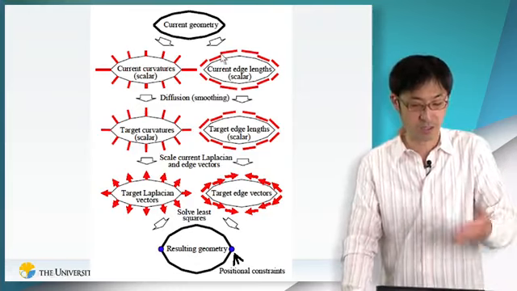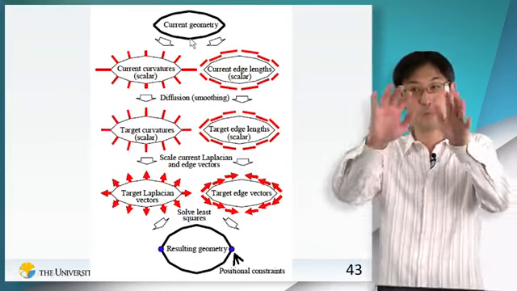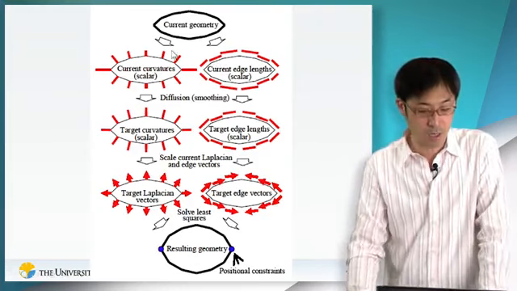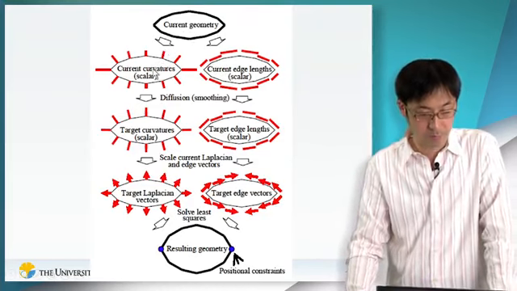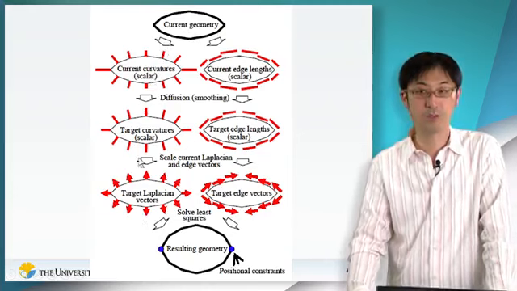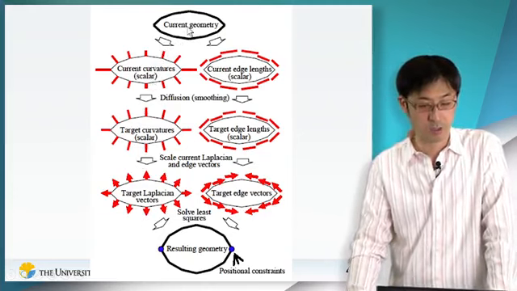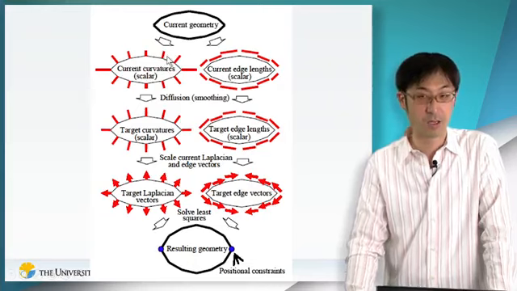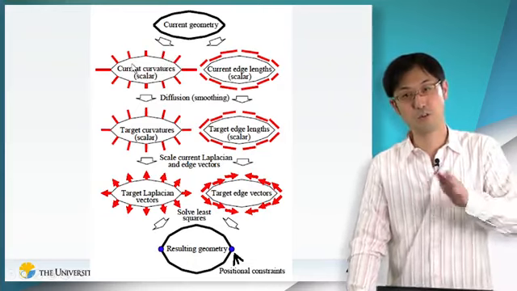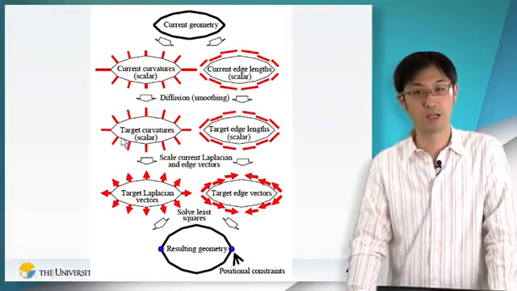A little bit complicated, but roughly we have two passes. So one is the left flow, which computes curvatures. We first compute curvatures, which are scalar values, and then by blending or smoothing out, we get target curvatures.